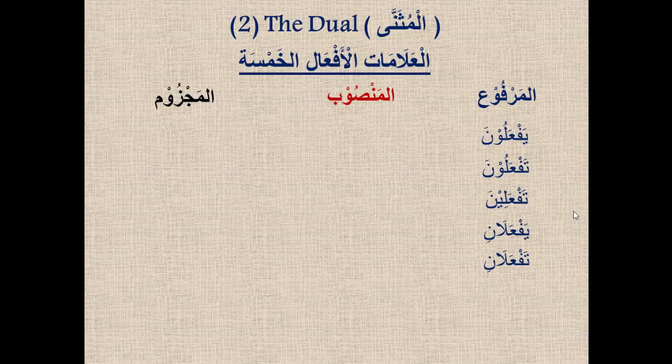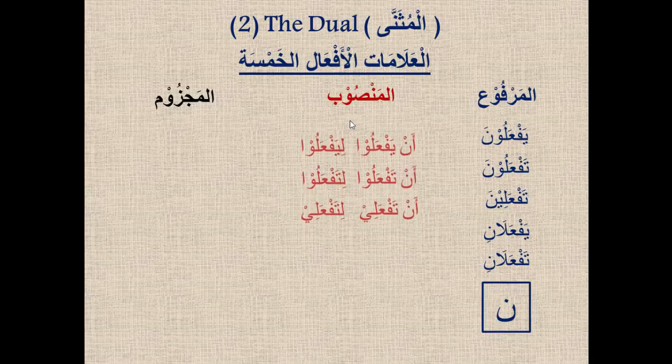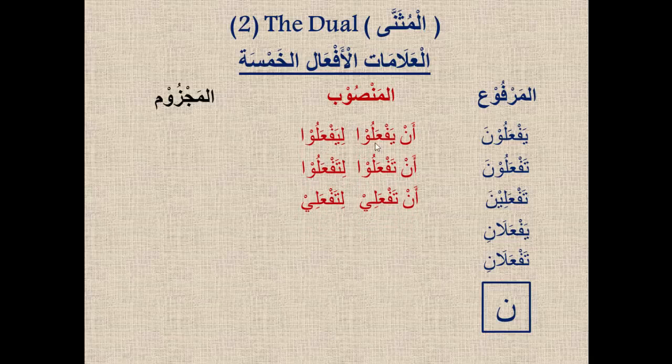And all 5 have thubut an-noon, the presence of the noon, as the marfu' marker. Now this noon can be dropped in the mansub and the majzum. So if we add a nasib such as an or lam ta'lil, we have an yaf'alu, li yaf'alu, an taf'alu, li taf'alu, an taf'ali, li taf'ali.